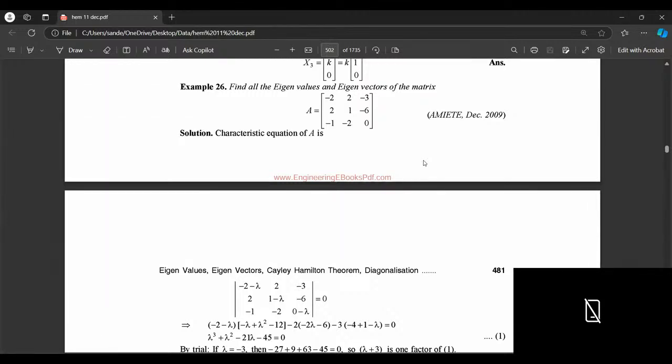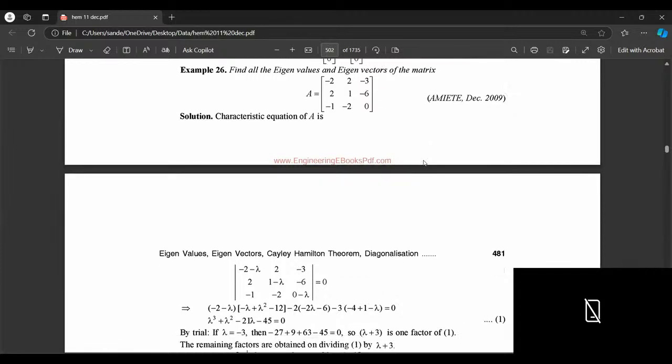If we write determinant of A minus lambda I equal to 0, you will get minus 2 minus lambda, 2, minus 3, 2, 1 minus lambda, minus 6, minus 1, minus 2, 0 minus lambda equal to 0.